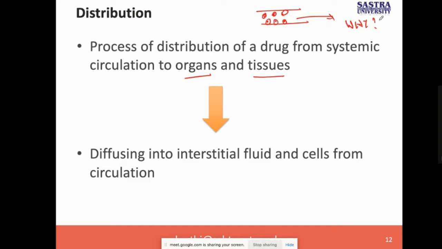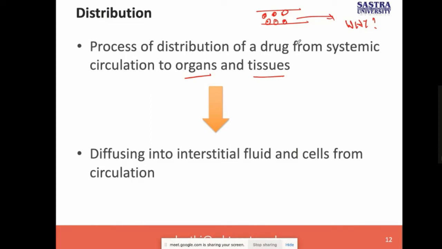What will happen if there is no distribution process? Only then can the drug molecules exhibit the therapeutic effect. Only then can the drug molecule reach the target site. If there is no distribution, the drug molecule cannot be taken to the place where there is an infection or injury, whatever it is, right?